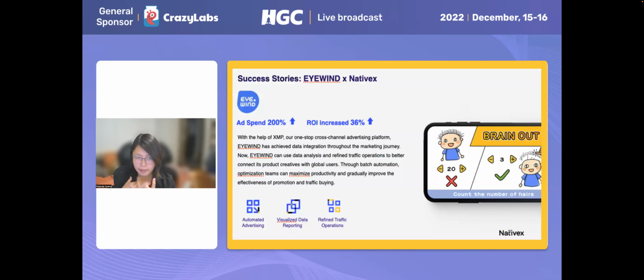So here is a success story of how we help the client to increase both the ad spend and the ROI by improving UA efficiencies, working efficiencies through XMP. So for those of you who are interested to find out more, just feel free to let me know afterwards.